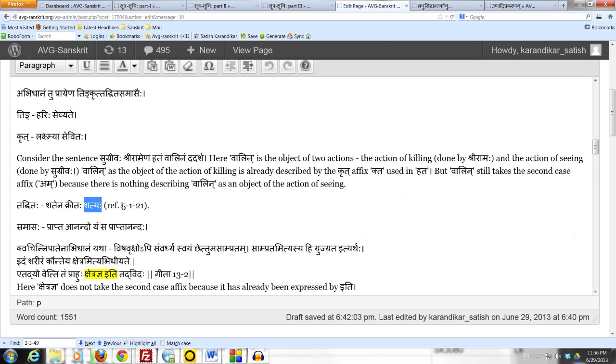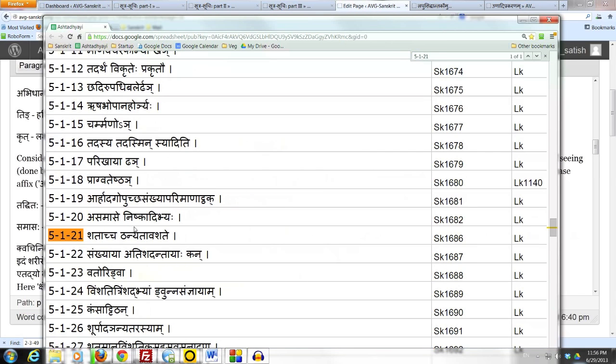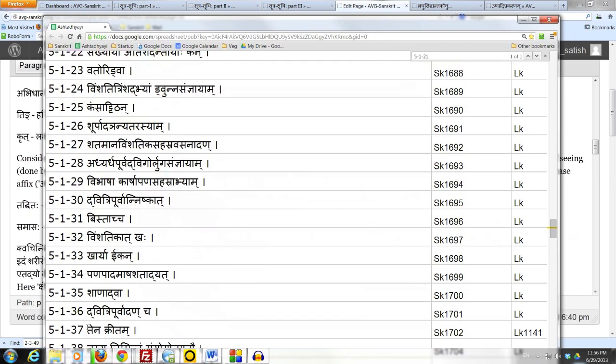But what has happened here is that the tadhita pratyaha yat is prescribed by the Sutram 5.1.21, Shatacha Thanyata Vashate. Sutram we have not studied yet. We don't have to go into all the details right now. The important thing to note is that the affix yat is used here in the sense of Tena Kritam, which is Sutram 5.1.37.